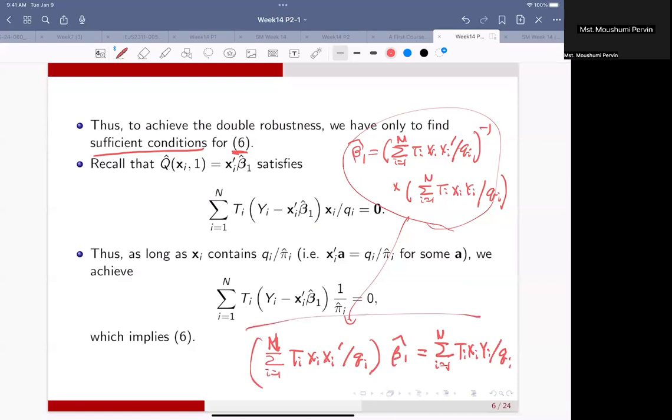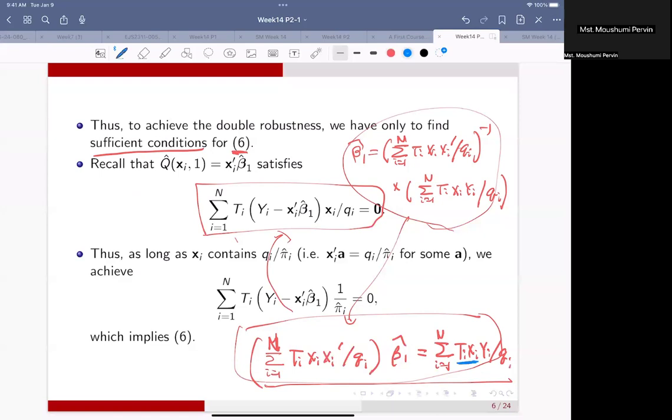If you solve this, then you will get this. So that means this is indeed the definition equation for obtaining beta hat one, which can be written as this. So this is equivalent to this, right? Because we have something in common here.